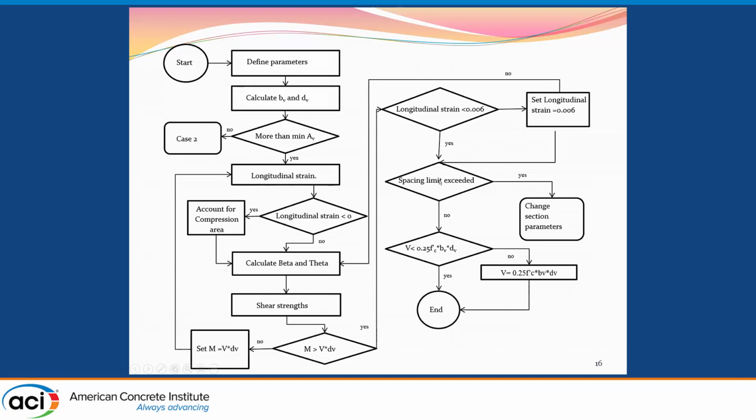If we do not meet the spacing limit, there is nothing we can do, and we have to change the properties of the section. And then we have to check if the concrete is going through crushing or not. If so, we have to set our V to meet the concrete crushing criteria. This is describing case 1. And case 2 is very similar, except we are going to change the beta and theta calculation.